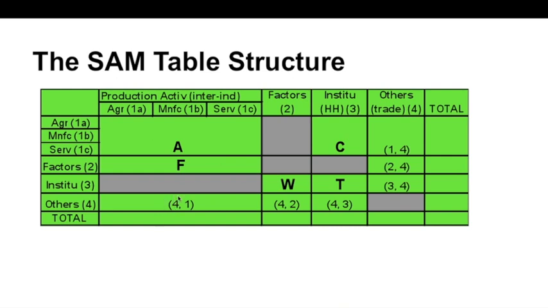And here, another matrix, a row matrix 4-1, indicates the inputs needed from outside of the study area, the rest of the world, to the production activity in the study area. So if you use a nation as a study area, then the others indicate the inputs from outside the nation. If you use a state as a study area, then the others indicate the inputs from outside the state.